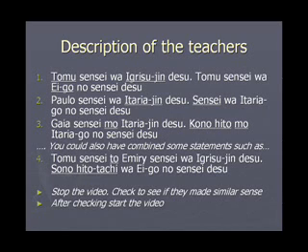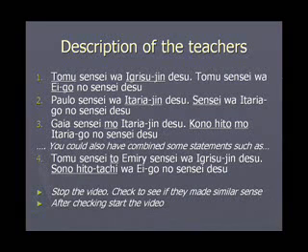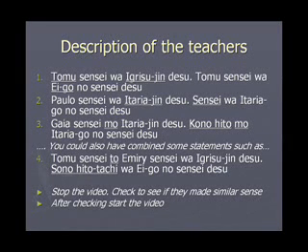Gaia Sensei was seated next to Paolo Sensei. Since you already described Paolo Sensei and you are going to repeat a similar description, you could have said mo, which means also. Gaia Sensei also is Italian and Itario no Sensei. That's what you could have said.